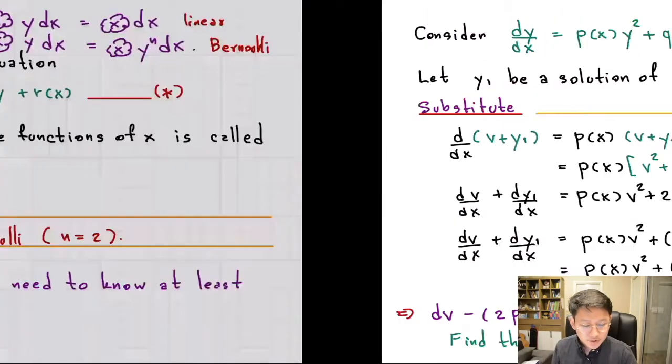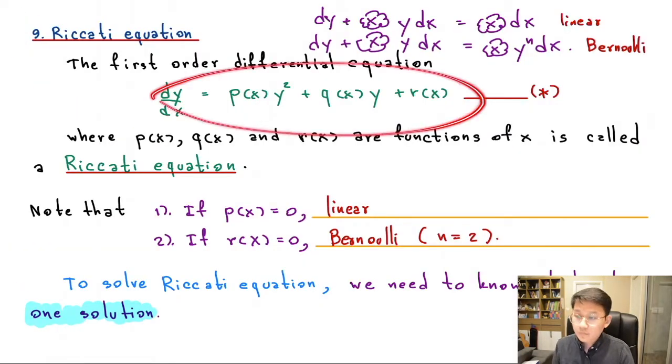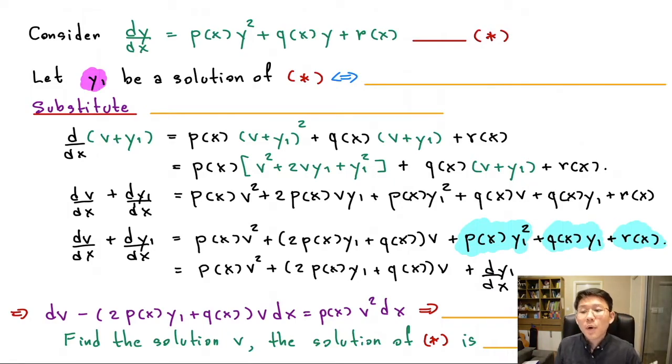Okay, so let's have a look at how to solve this particular problem. First, this is nothing but a Riccati equation. So in order to solve it, as mentioned, we need to know one solution. So let y1 be a solution. Back to the first video, we talked about how when y is a solution, it needs to satisfy this ODE.